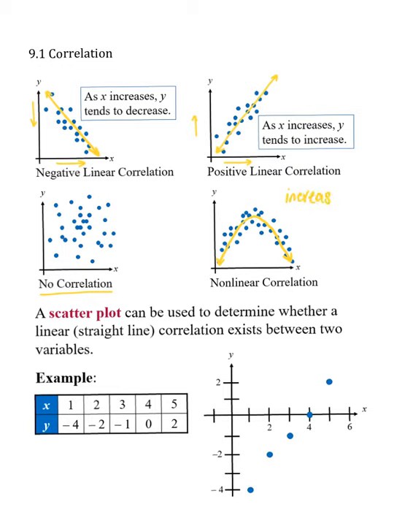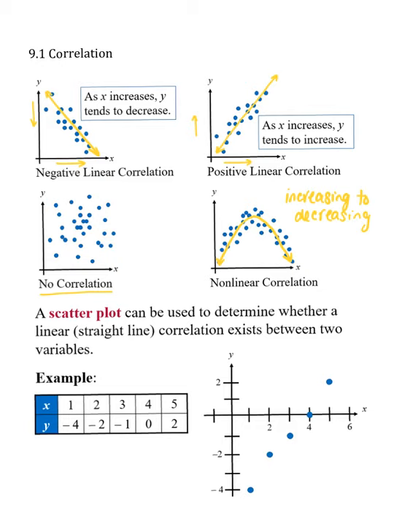So it goes from increasing to decreasing. And this almost appears as if it's a quadratic. So the graph of best fit could take on the form of a different kind of equation. In this case, it would be a parabola, a quadratic. It could look cubic. It could look like anything else other than our just linear graph.